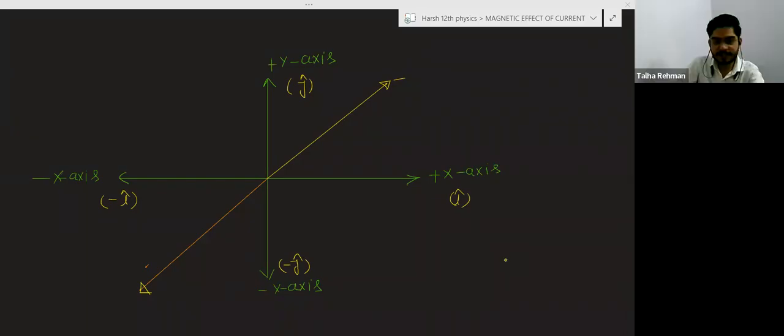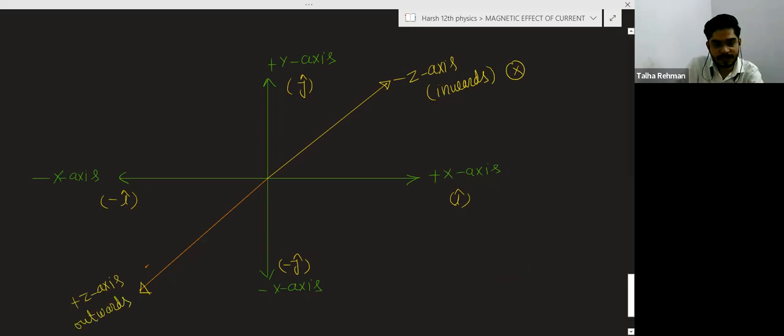So this is the negative z axis, and this you will say inwards. Inwards is represented by this cross, and this is the positive z axis, which is outwards.